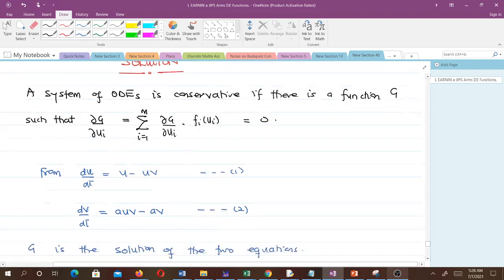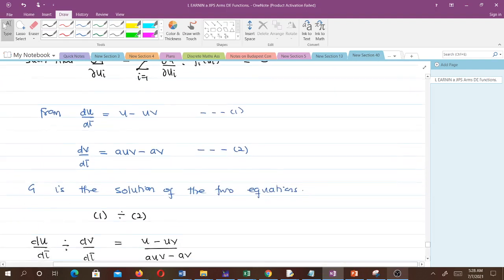So these were the two equations we were given, equation 1 and equation 2. We said that there has to be a particular function g. That function g happens to be the solution we get for the two-equation system when we do phase plane analysis.